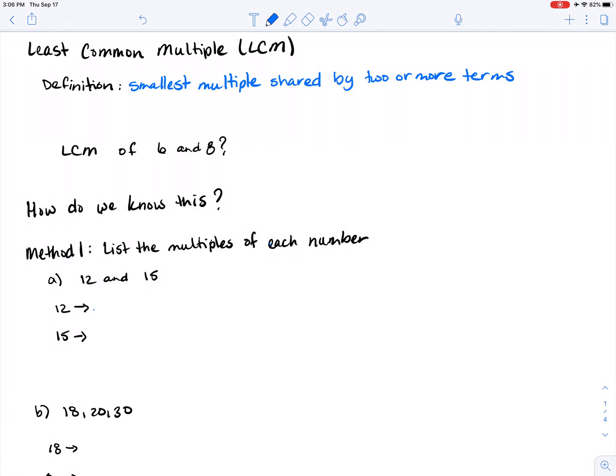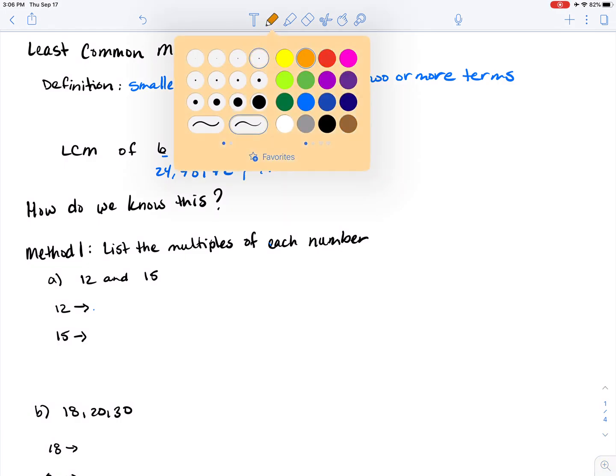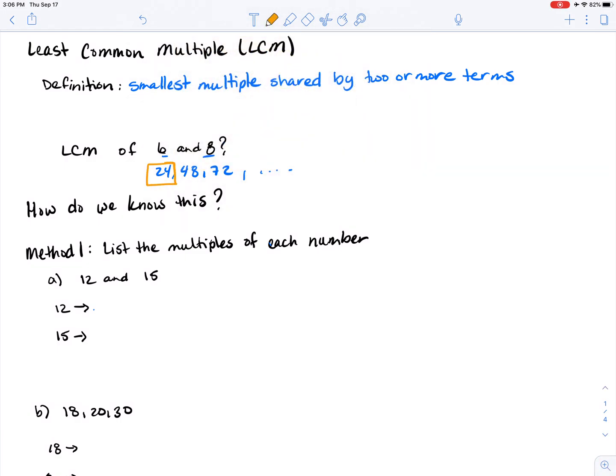So if we look at the terms 6 and 8, I can find common multiples between them and find the least one. So I have 24, 48, I have 72, I could keep going, but I won't. And I can see that the least common multiple equals 24.